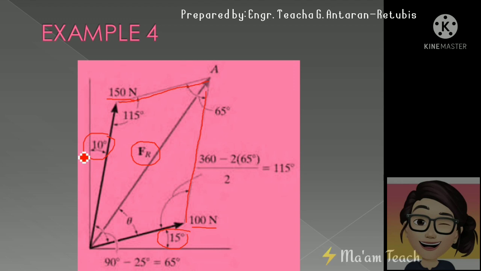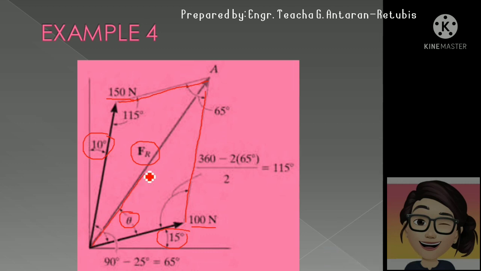The problem is the angle that we need is the one inside, which is the theta. That will lead us to the direction of our resultant force. This is our F sub r, right? This is the position of our F sub r.